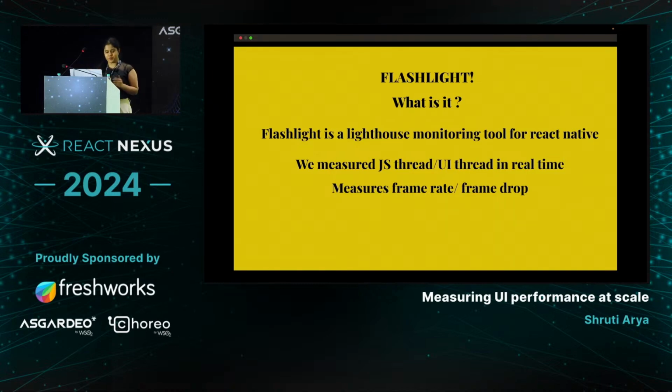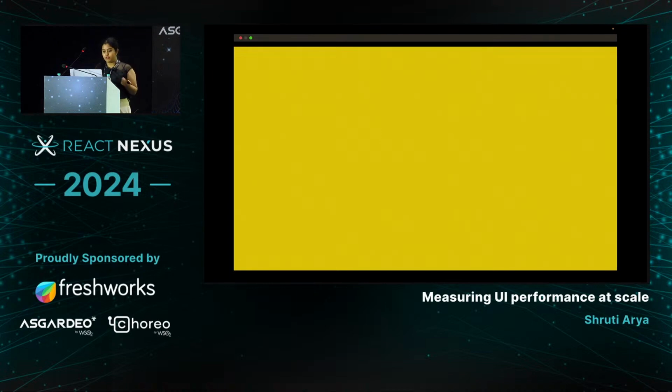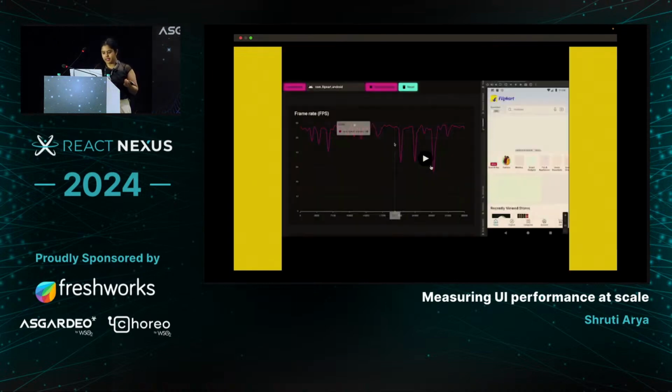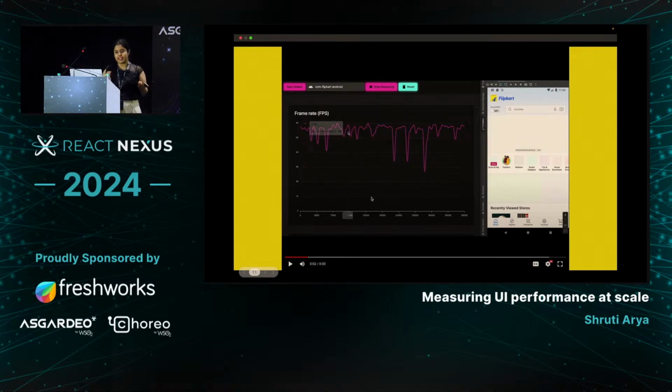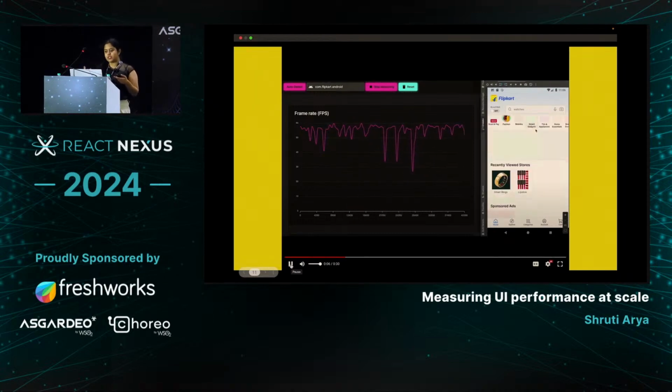Now, a typical Flashlight dashboard looks something like this. The first graph over here is for the FPS, basically the frames per second, and it is measuring it in real time. My application is actually running on the emulator, and this graph is side by side measuring the FPS at each and every point as and when the components are getting loaded.